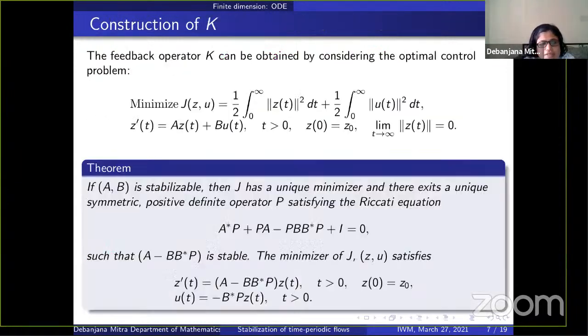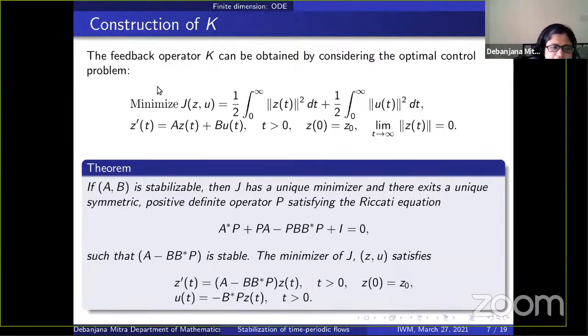And next the goal is how to find such a control operator K. We call it the feedback operator, and that K can be obtained by studying a suitable optimization problem. So that's what I wrote here.